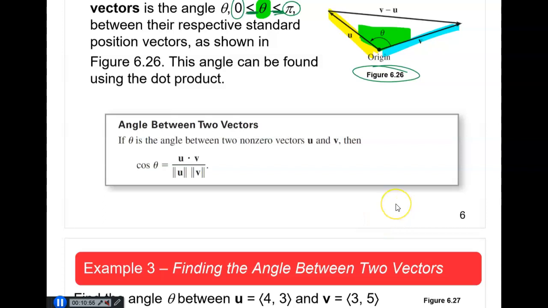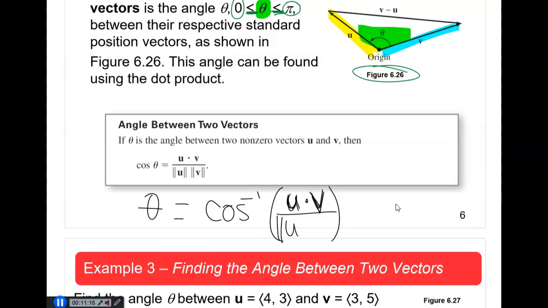And we are going to use cosine of theta, but at the end, since we have to solve for theta, we will be taking the cosine inverse of the dot product of vectors u dotted with v, divided by the magnitude of vector u times the magnitude of vector v.